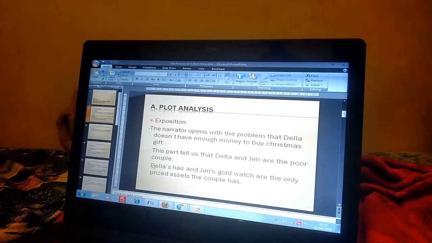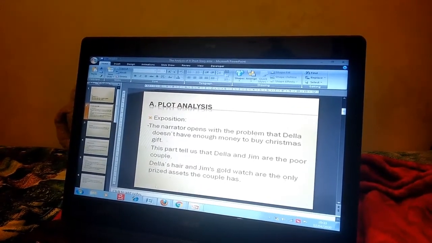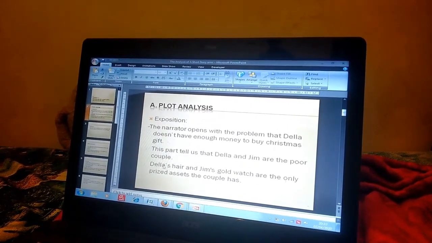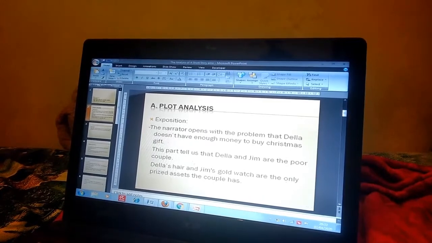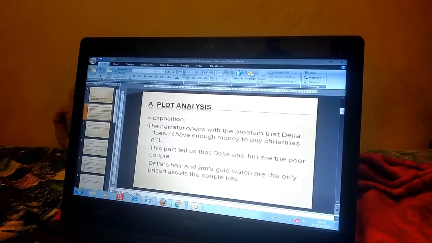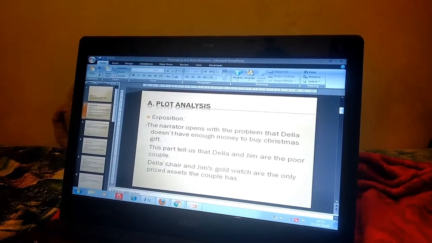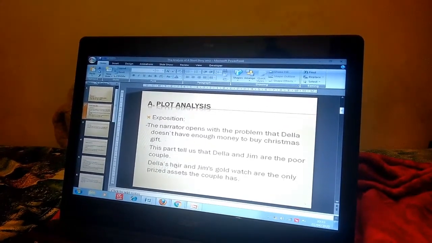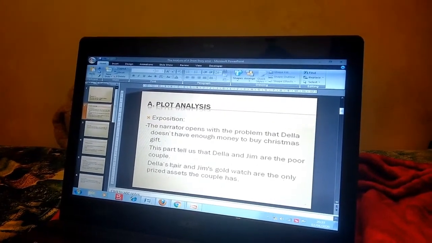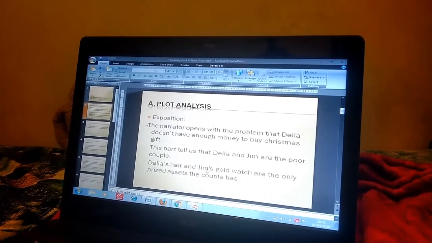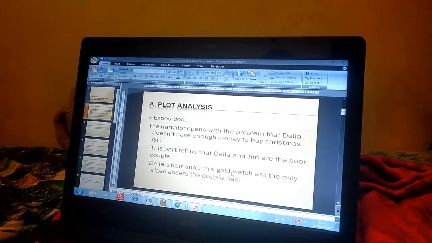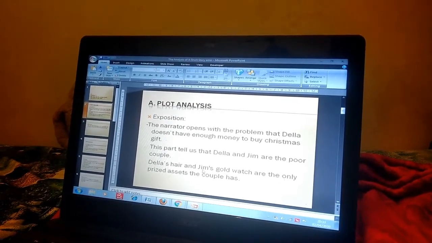So I think this is the clue of this story. This is the thing that will make the story, because Della will sell her hair to buy a gold watch for Jim.